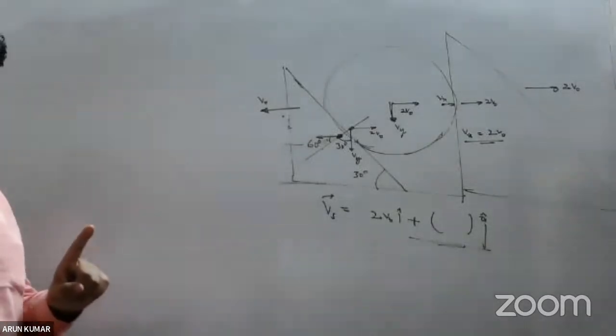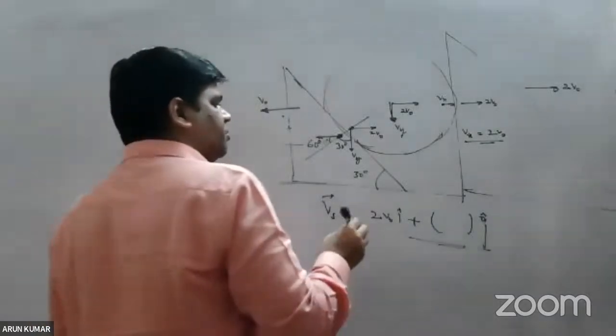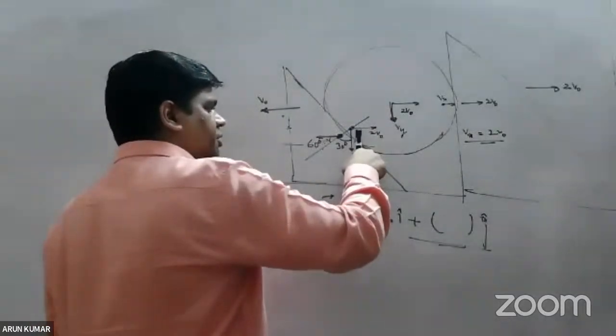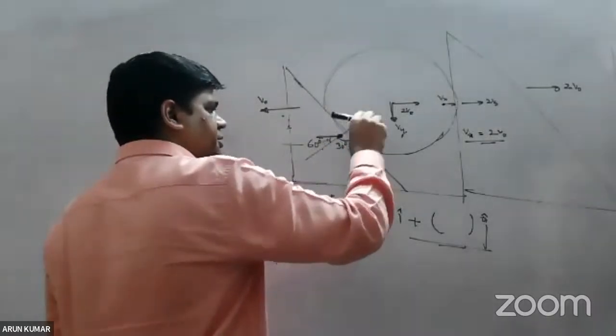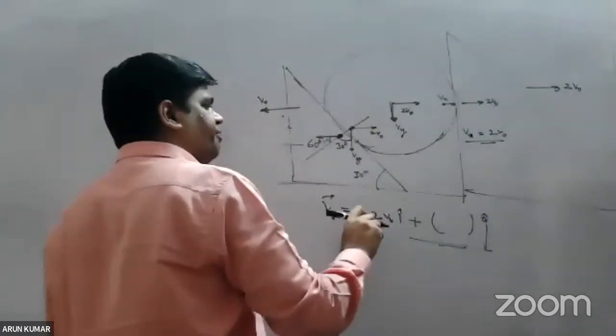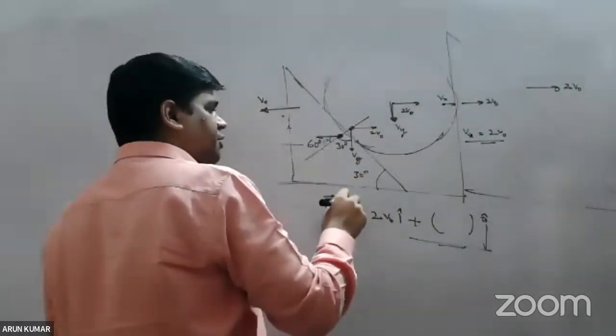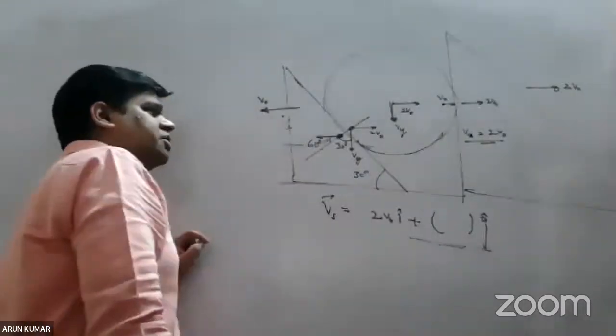The procedure is interesting. Alright, please follow carefully. Vy cos 30 minus 2 V naught sin 30 should be equal to V naught cos 60.